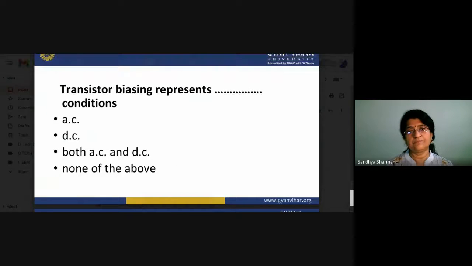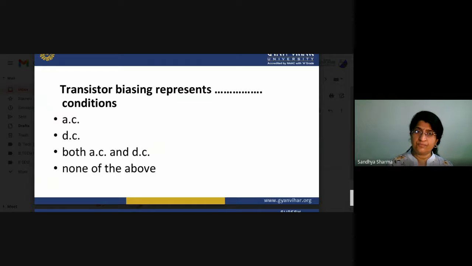what conditions we have to apply for proper working of a transistor. Otherwise, if you want to take the output from your transistor, or there may be so many applications where we are working with the transistor, because the transistor works as an amplifier. When you are not giving the proper biasing, not giving a sufficient amount of DC signal to the transistor, it will not work properly.